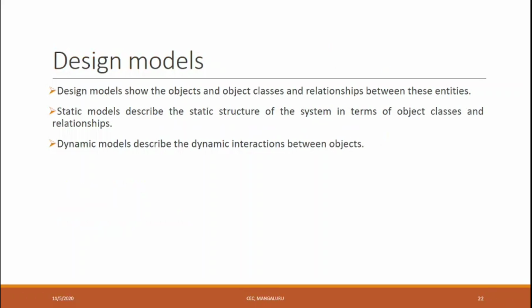In the last video session, we have seen object-oriented design. In the object-oriented design, we have seen various examples on the weather station, and several things that have to be taken care of in the object-oriented design.